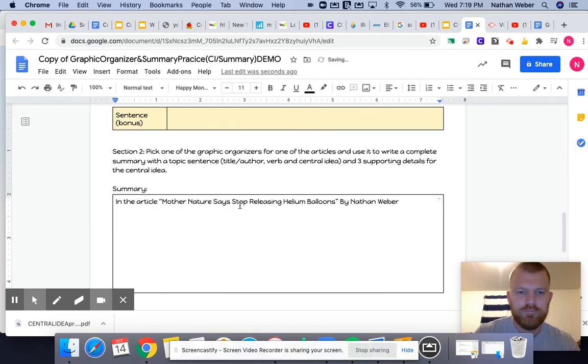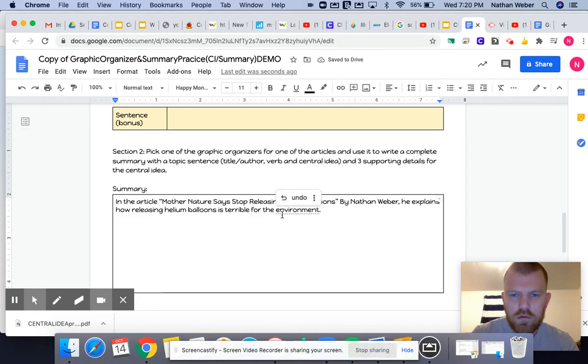In the article Mother Nature Says Stop Releasing Helium Balloons by Nathan Weber, he explains how releasing helium balloons is terrible for the environment.